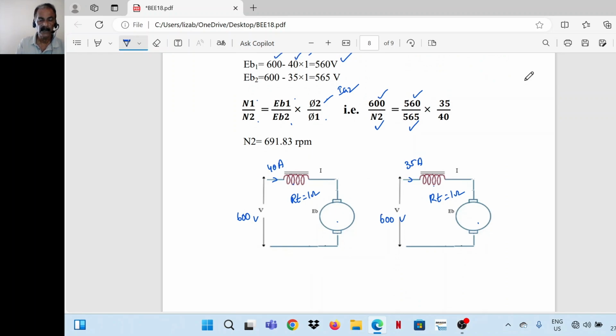So instead of phi, we have to put the corresponding armature current: instead of phi 2, IA2, and instead of phi 1, IA1. IA2 is 35, IA1 is 40 amperes. So from this, N2 can be found out, which is 691.83 RPM.